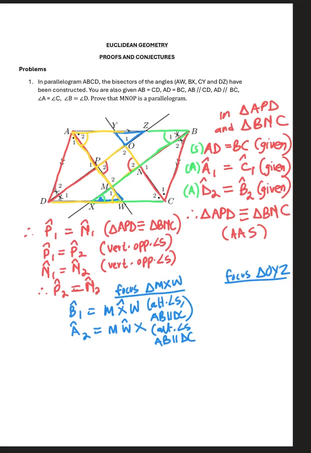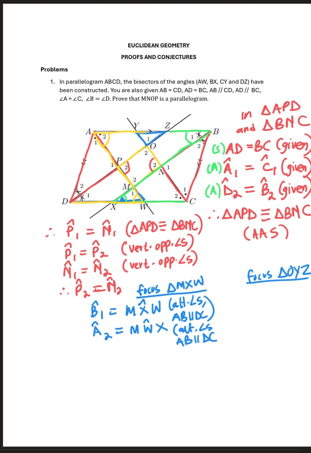When we look at triangle OYZ, we also see the same situation. You can see that there's a Z shape. Do you see the Z shape? This angle D1 is equal to this angle because of the parallel lines. So they are alternate angles that are equal.